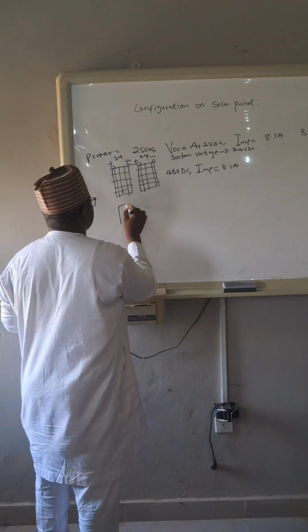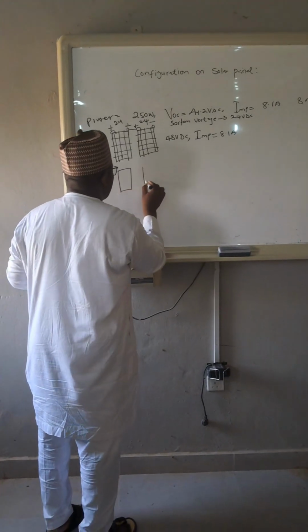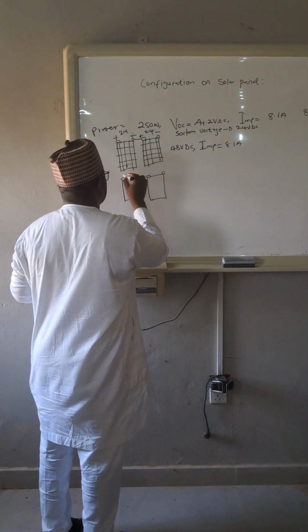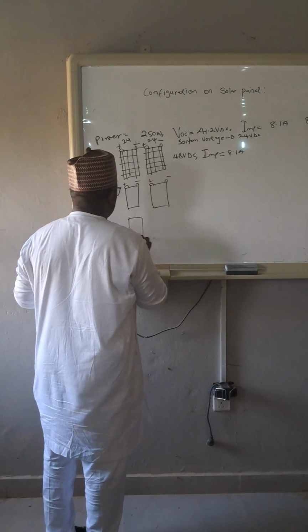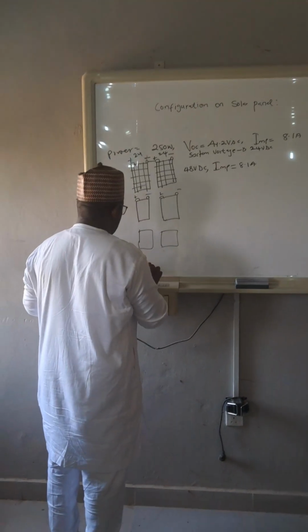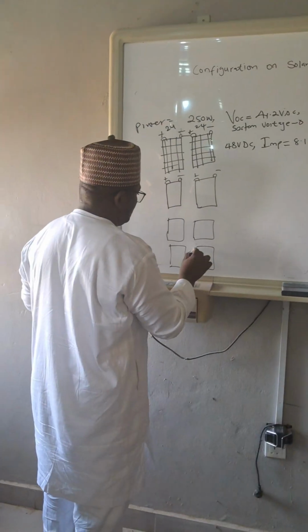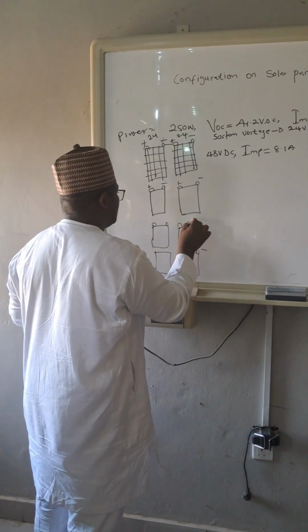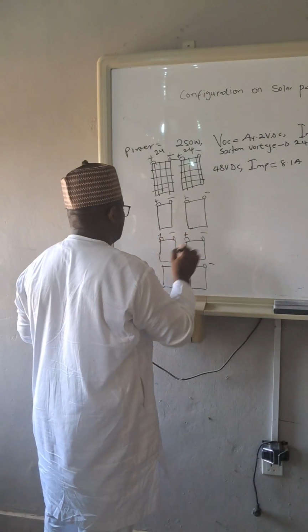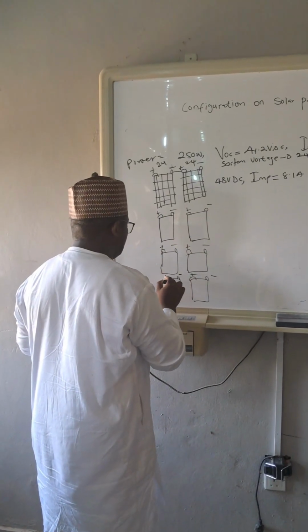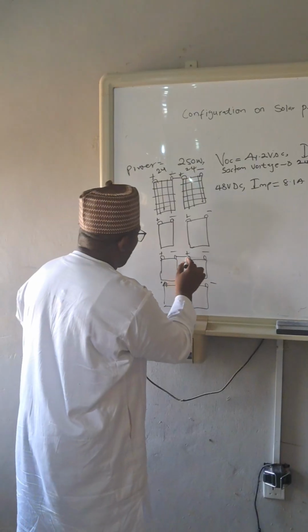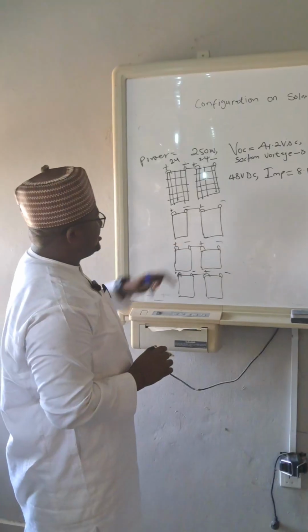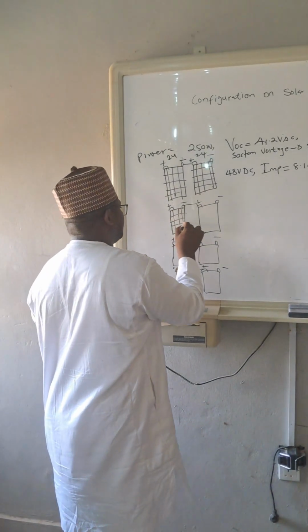Then we connect another two like this, another two, another two, plus minus. By connecting plus and minus of different polarities, we are achieving a serial connection.